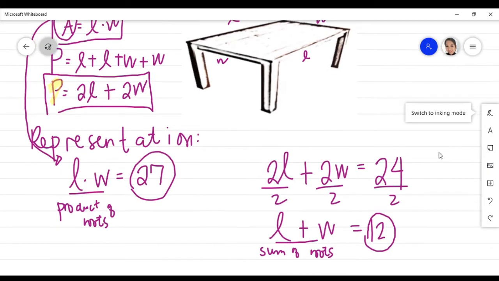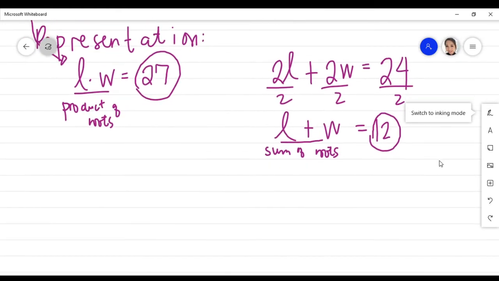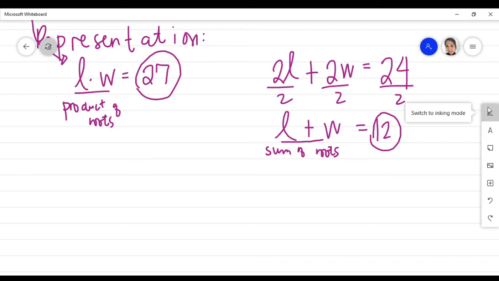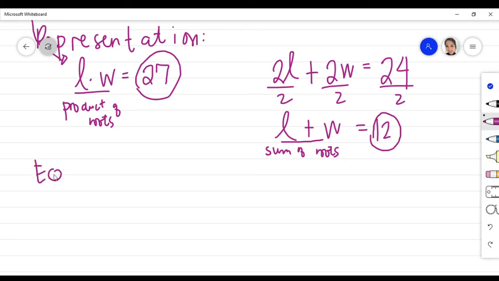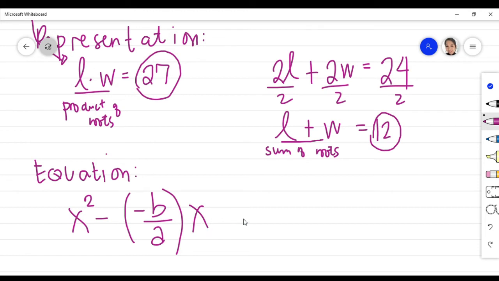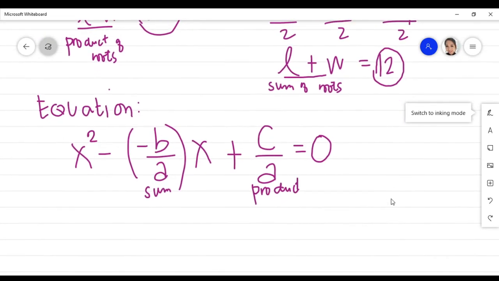Remember our previous topic that given the sum and the product of the roots, we can form an equation of the form x squared minus negative b over a times x plus c over a equals 0, where our negative b over a is our sum and c over a is our product.